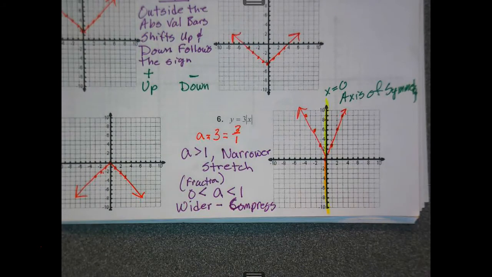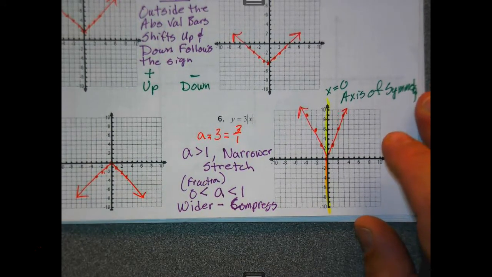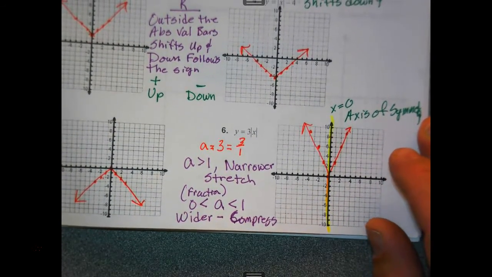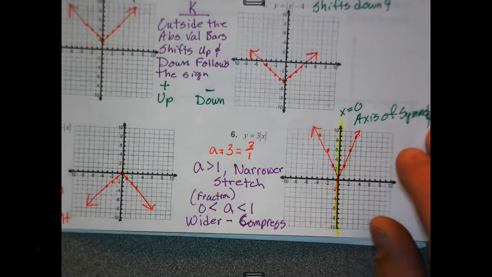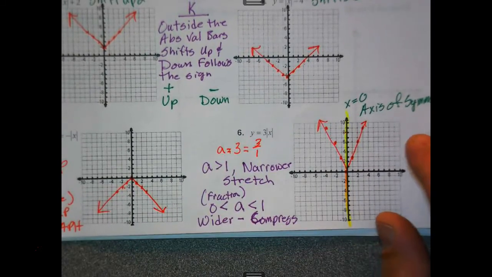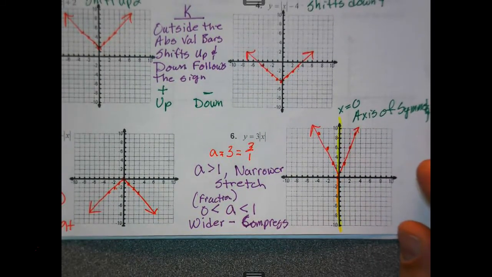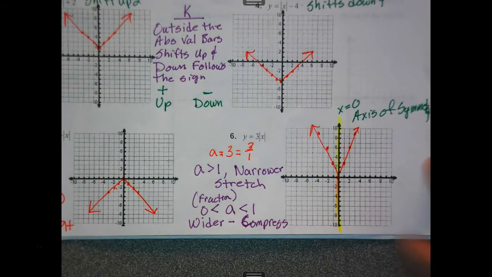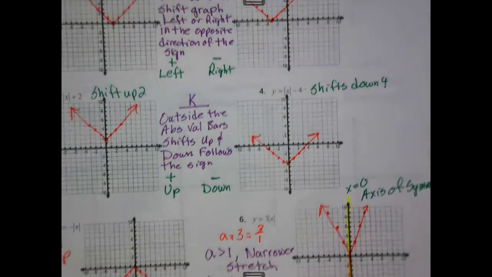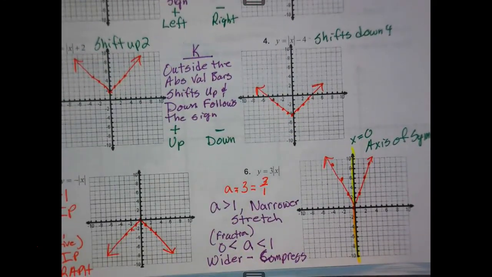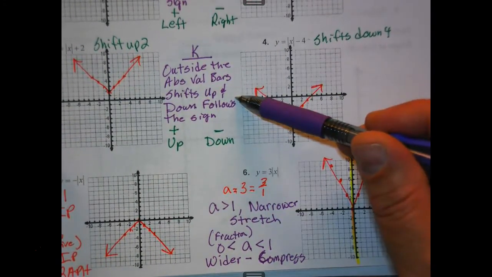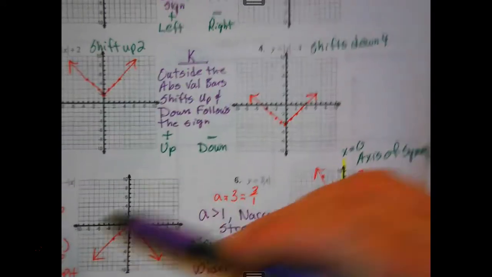All right, one more thing. I got to talk about domain and range. For the domain, for this course, domain for all absolute value functions. Look at any of these absolute value functions here. What's my domain? Where does it start on my x-axis for all of them?